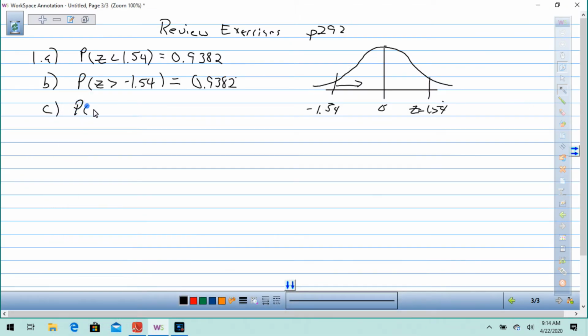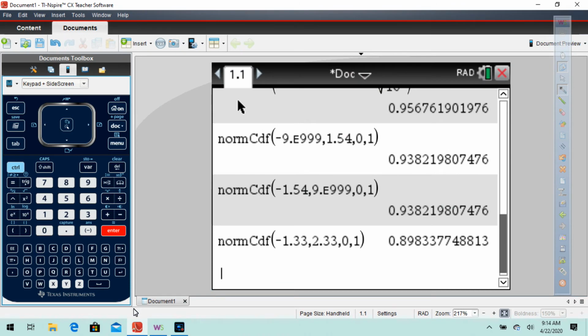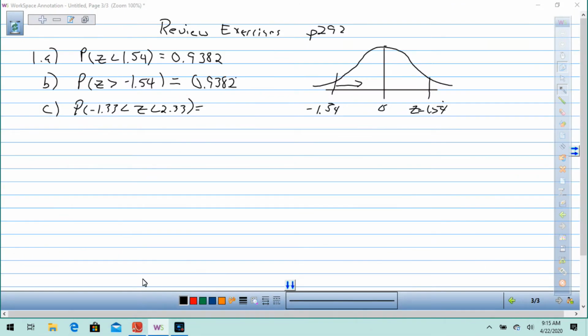So the probability that negative 1.33 is less than Z is less than 2.33 is 0.8983.